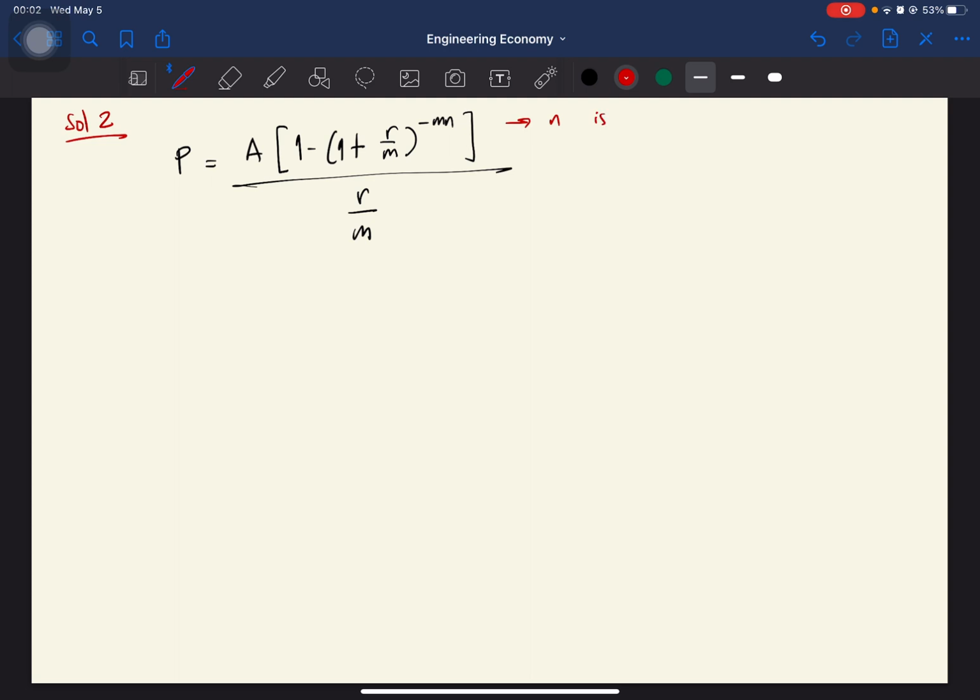N is always in years. Okay? And your M is compounding periods per year. Alam niya yung definition yan. Per year. Okay? And R is your nominal interest rate.